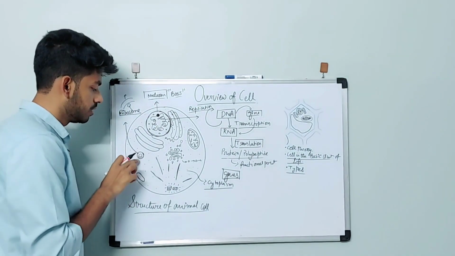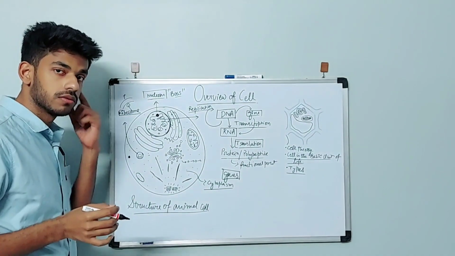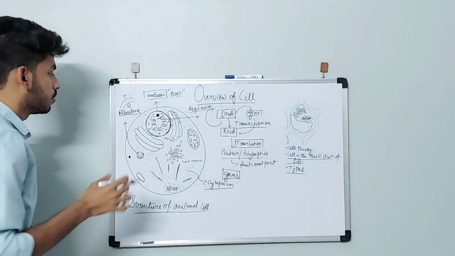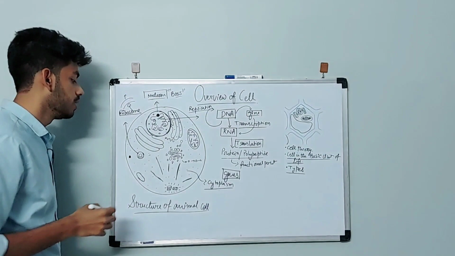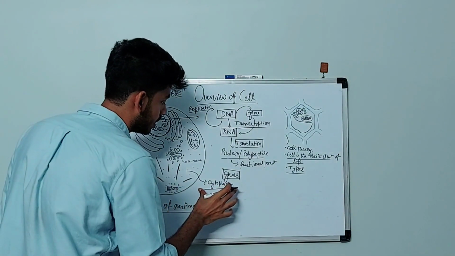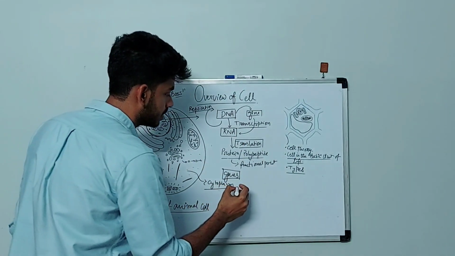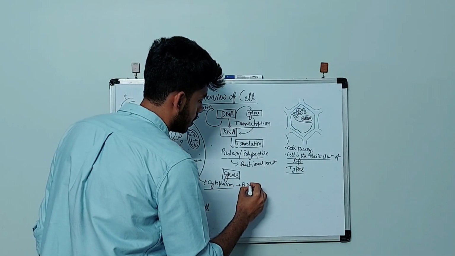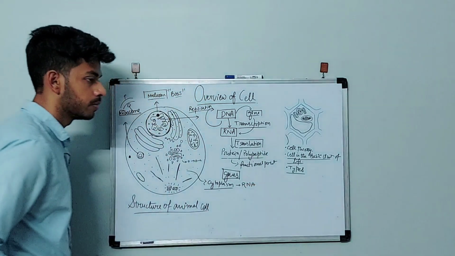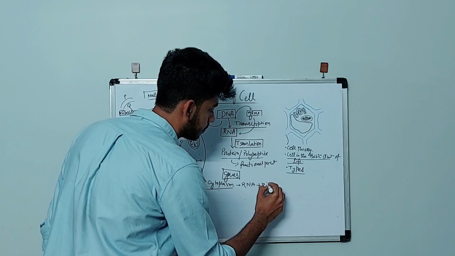Though it is not this big, it is just a dot, but to elaborate the process I have to draw it big. Ribosome is in the cytoplasm, and the RNA is also in the cytoplasm.